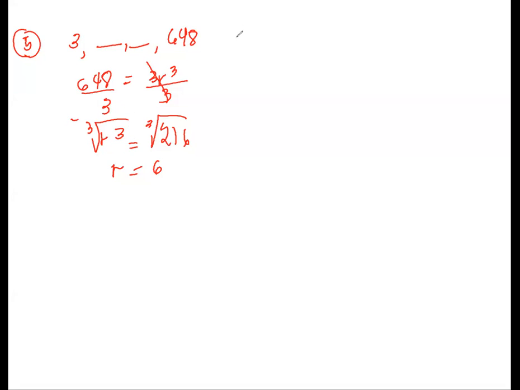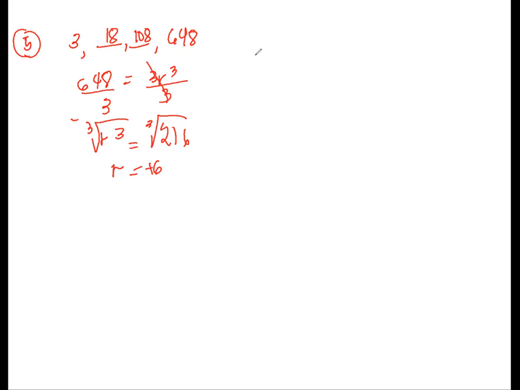But if it's odd, like in this given, since the exponent of R here is odd, all you have to consider is the positive value. So our R here is positive 6. If that is positive 6, 3 times positive 6 is 18, and 18 times positive 6 is 108.